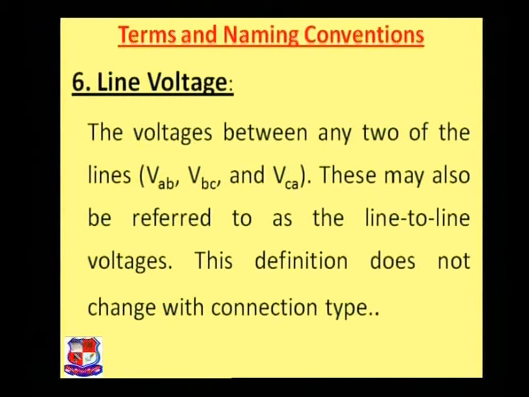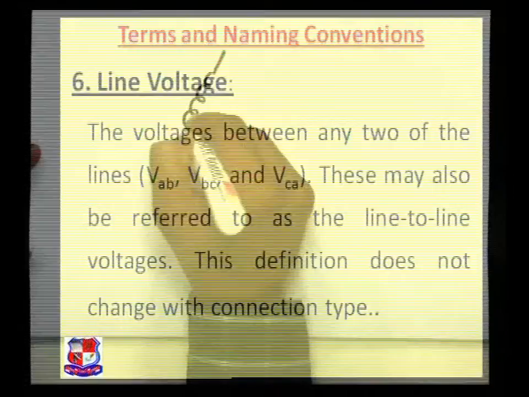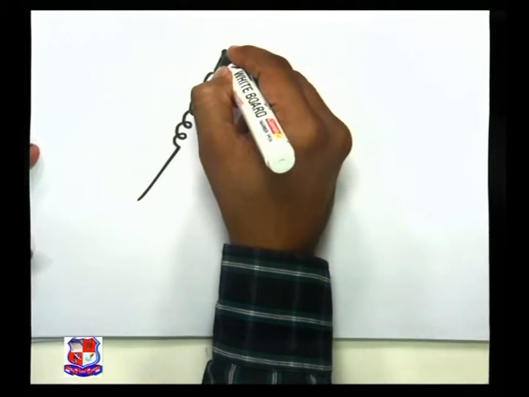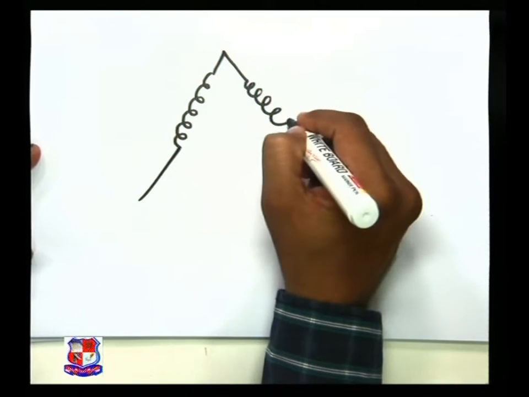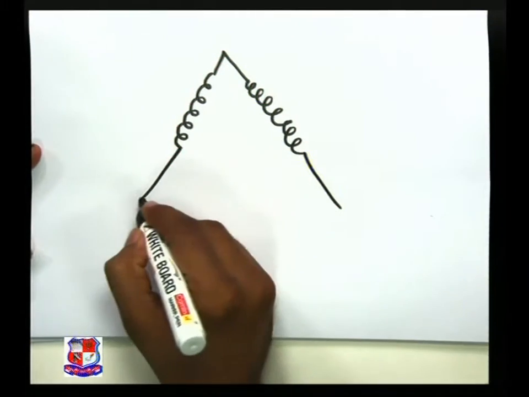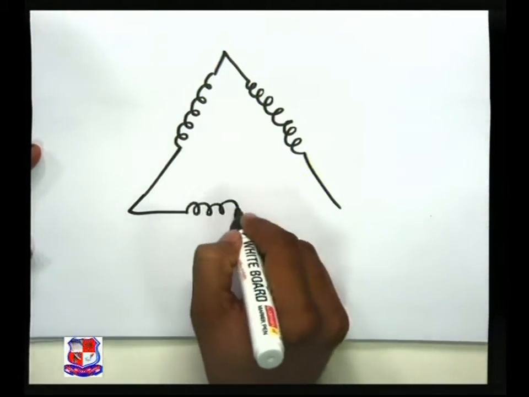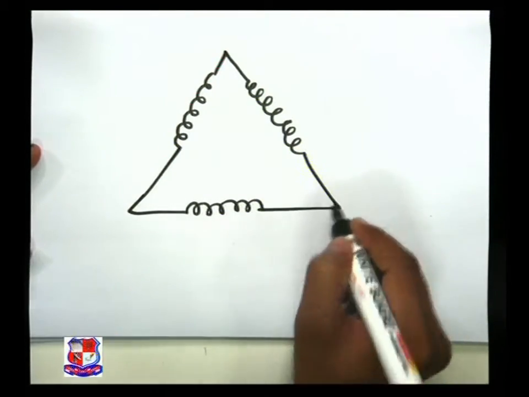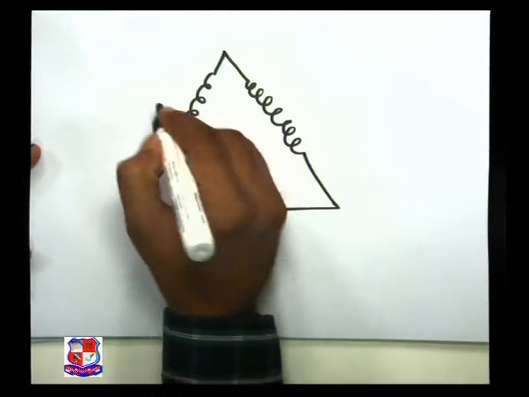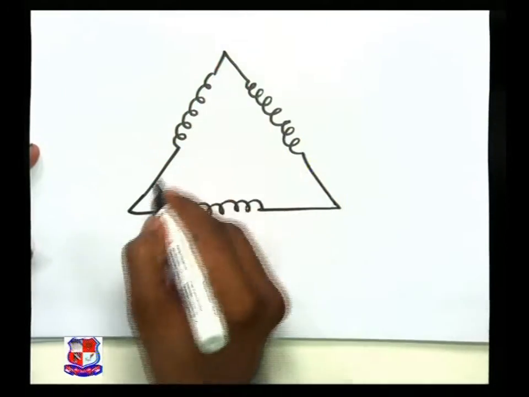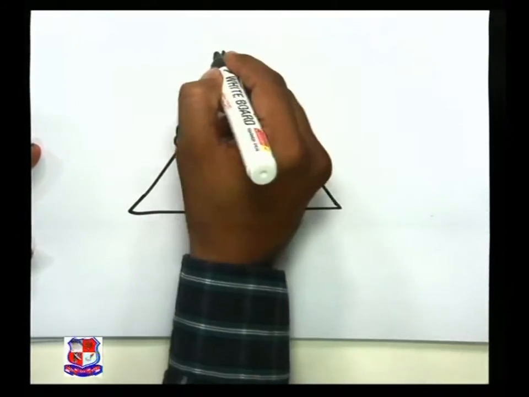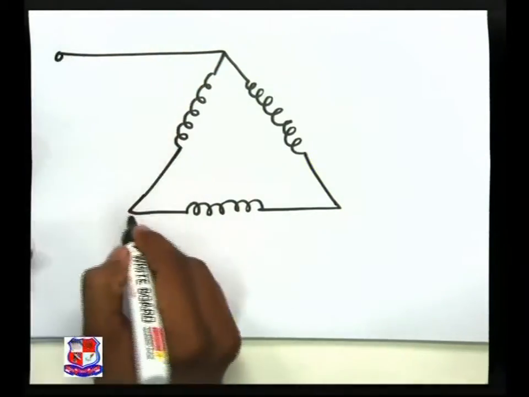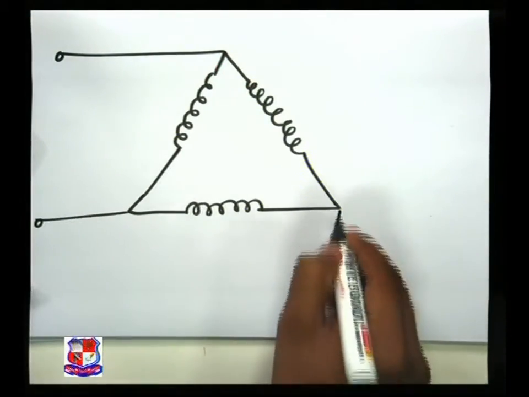So if we are taking the configuration such that, if we are taking the delta connection, so this is the delta connection. This is individually a phase, and this is given a three-phase supply.